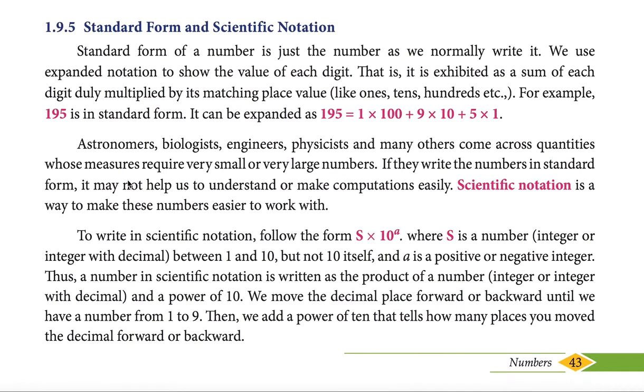To write in scientific notation, follow this form: s into 10 power a, where s is a number between 1 to 10, but not 10 itself, and a is a positive or negative integer. Thus, the number in scientific notation is written as the product of a number and power of 10.